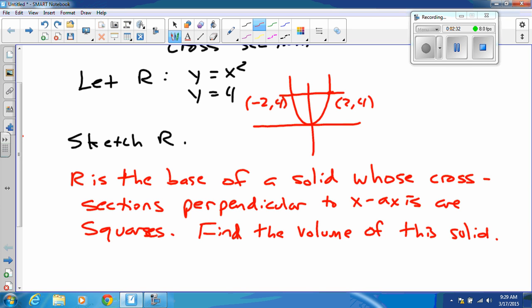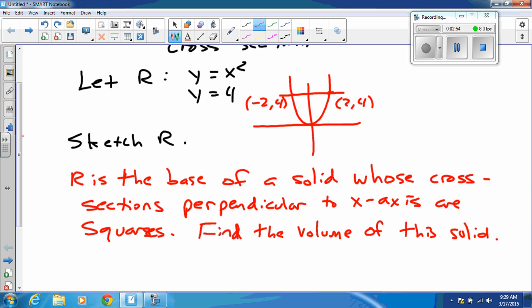This is the usual way in which a problem is posed to us. We're informed that our region is the base of a solid, meaning it's the bottom floor of a solid. And we're told something about cross-sections perpendicular to some axis. It's going to be perpendicular to either the x-axis or the y-axis.